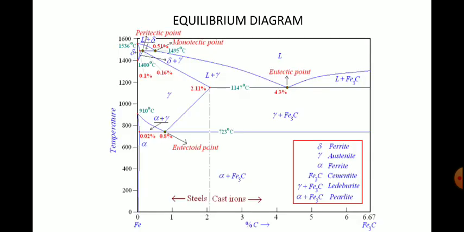Coming to the iron carbon diagram, the important points, that is steels, cast iron, phases, important critical temperatures, we have already discussed. Again, that is the alpha phase, austenite phase and delta phase.